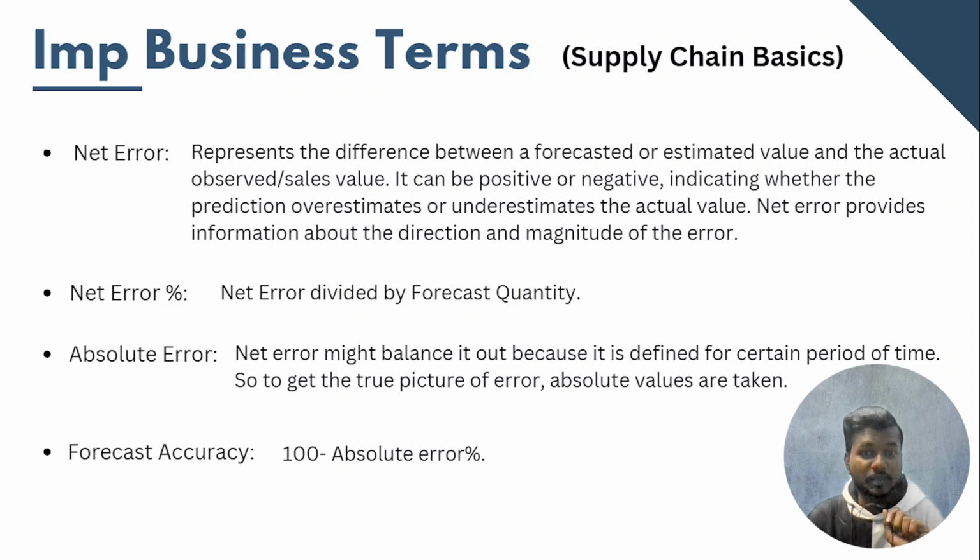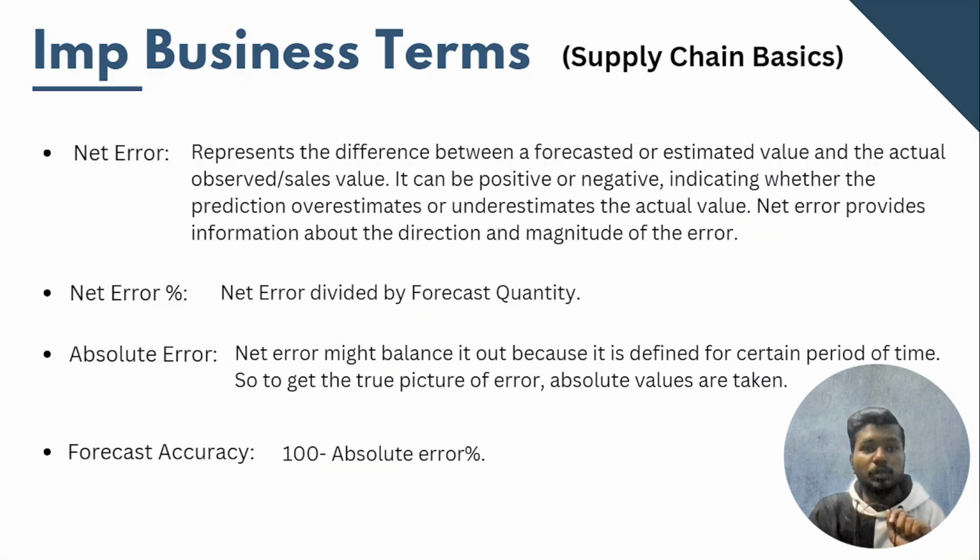This is known as absolute error, which actually shows the true picture of how much actual error you made. For the percentage absolute error also, the base measure would be forecast quantity. Lastly, when we subtract it from 100, we get our forecast accuracy in terms of percentage. This entire thing can help businesses make strategic decisions, resulting in better inventory planning.